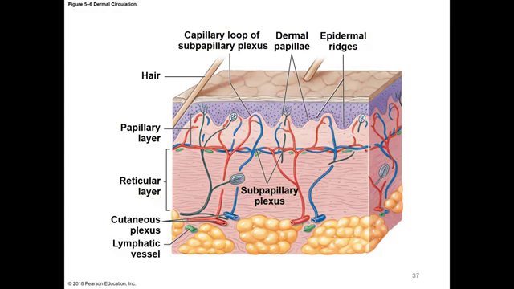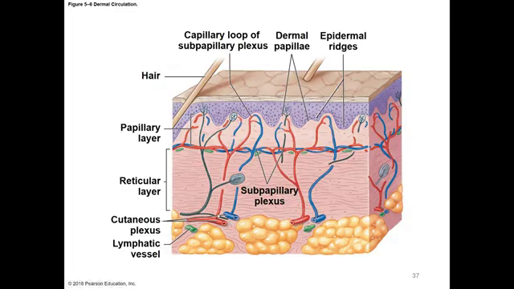Here's a picture that shows us the blood vessels in the dermis and the two plexuses we brought up. Deep, we have the cutaneous plexus, and these are large vessels down deep, which makes sense. We want large vessels as far away from the surface as we can, so that if we get cut, we don't cut through those.